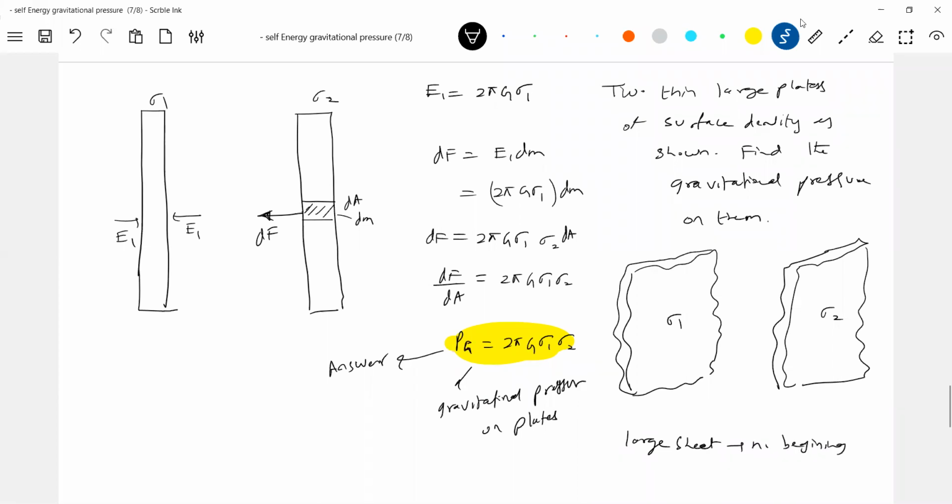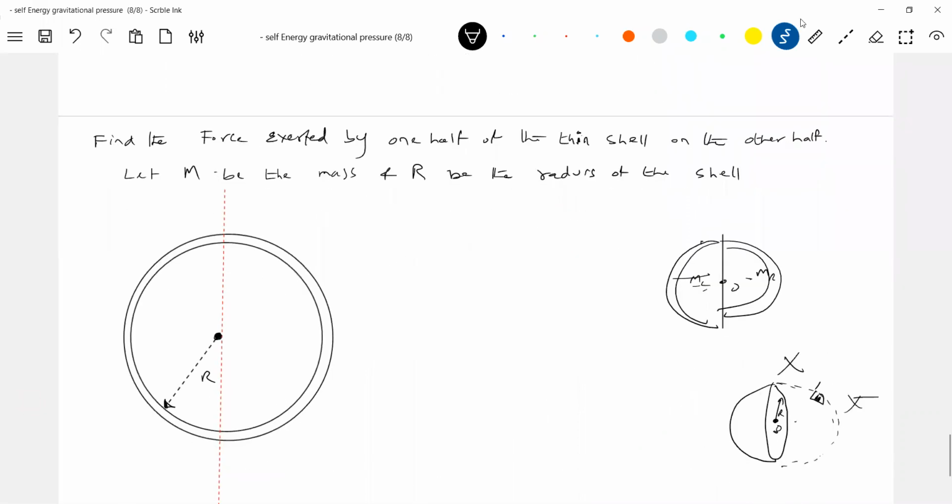No beginning, no end. Agree to this? If you say yes, I think 90% of our problem is over. Now this thin shell is also similar to a large sheet, because there's no beginning, no end. Where is the beginning for this? Nowhere. Where is the end? Nowhere.